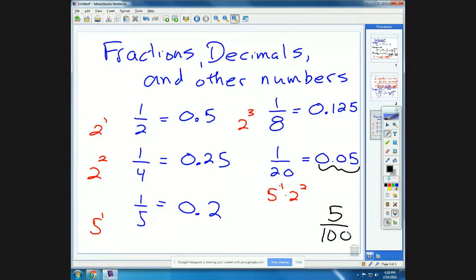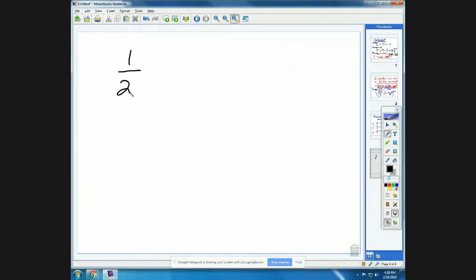That is 5 100ths as a fraction. If I wanted to convert this fraction to that fraction, what should I multiply top and bottom by? Multiply top and bottom by 5. Now, what happens when you do that? 1/20th is the same as 1 over 5 times 2 squared. Agreed?